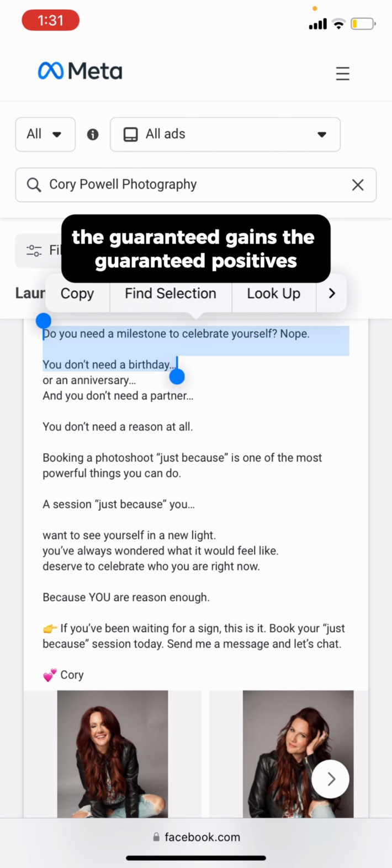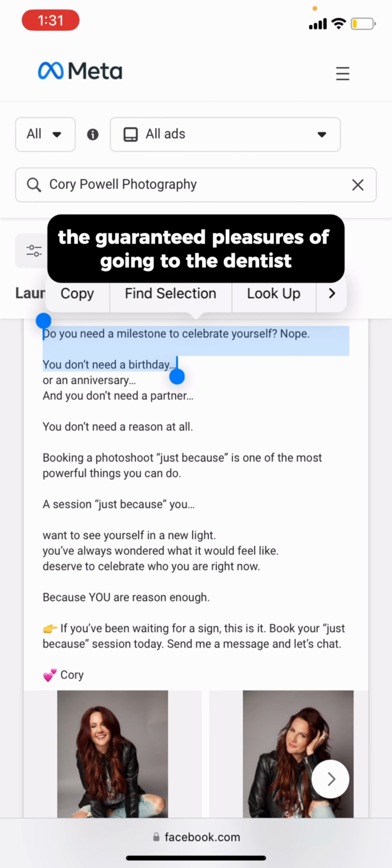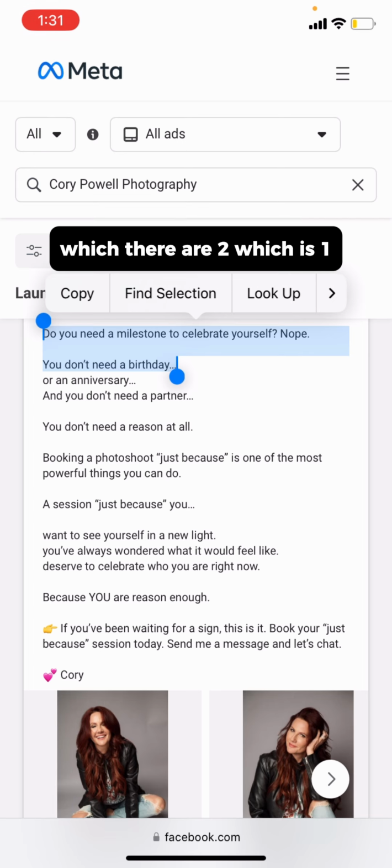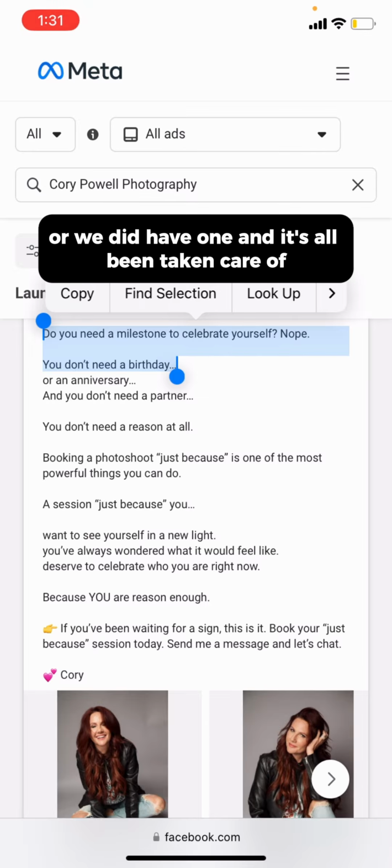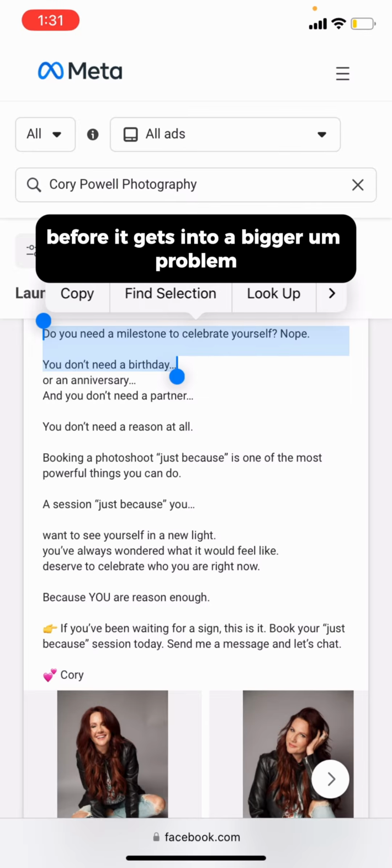And the guaranteed gains, the guaranteed positives, the guaranteed pleasures of going to the dentist, which there are 2, which is 1, guaranteed clean your teeth, and 2, guaranteed kind of peace of mind knowing either we have no cavities or we did have one and it's all been taken care of before it gets into a bigger problem.